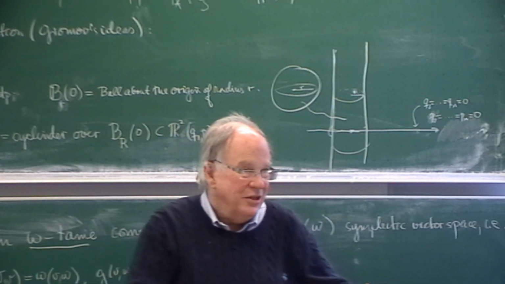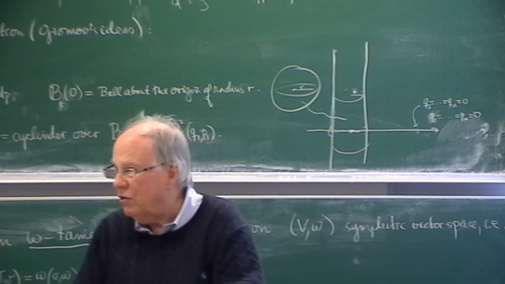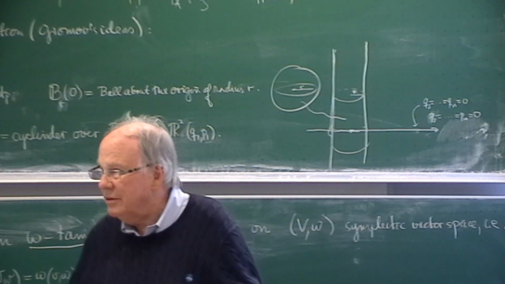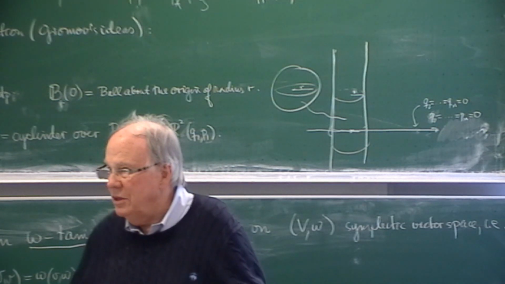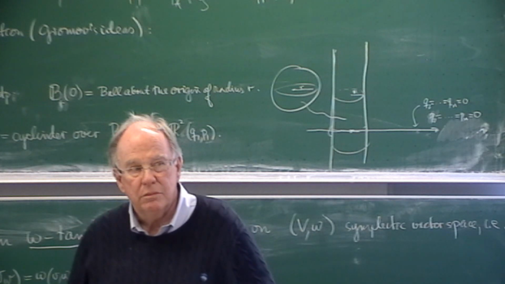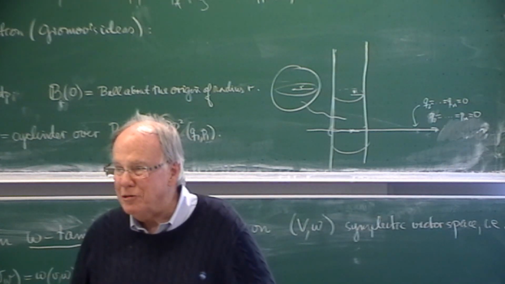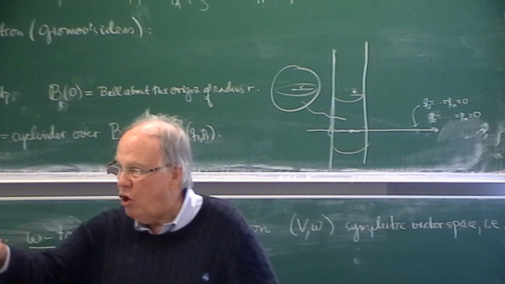You want to see what's happening under the flow of geometric objects. So the question is: is there a symplectomorphism of R2n with the standard structure that maps the ball into the cylinder?